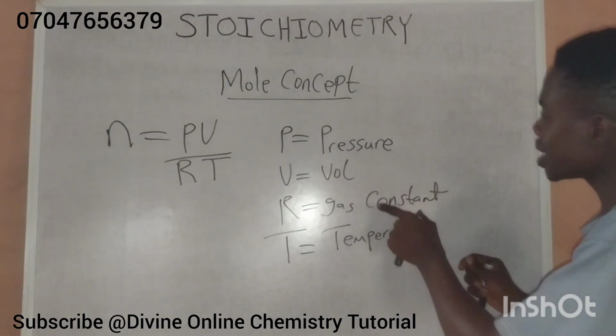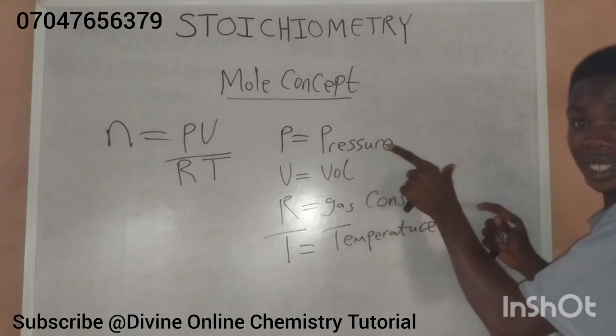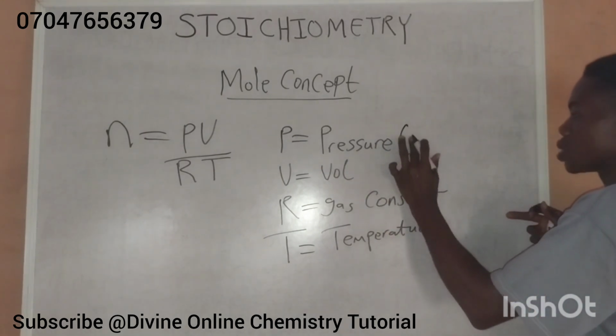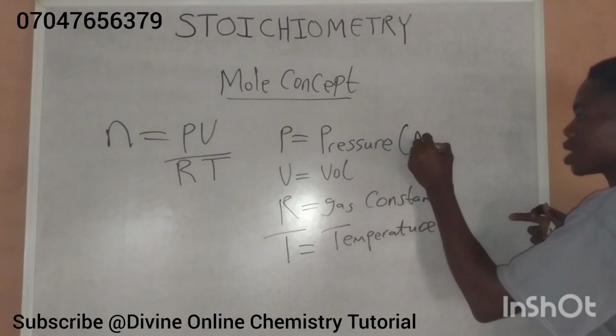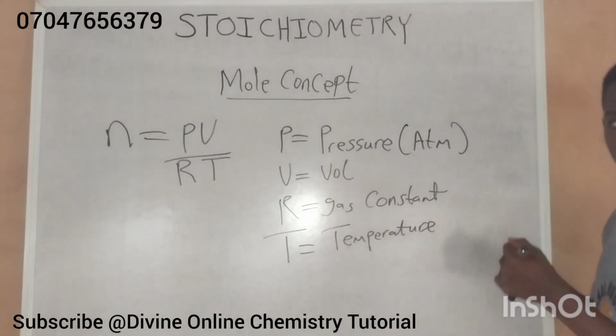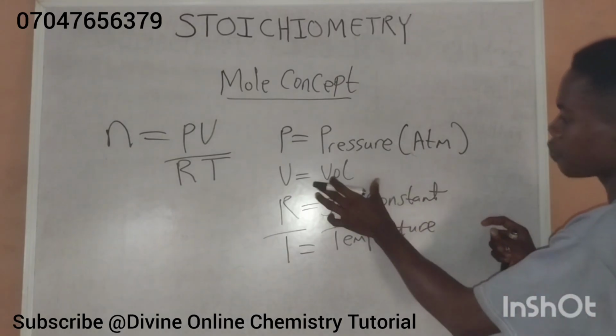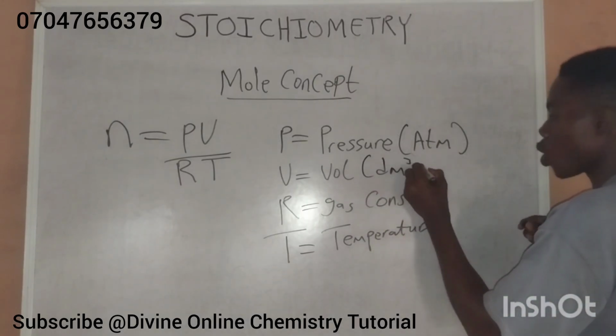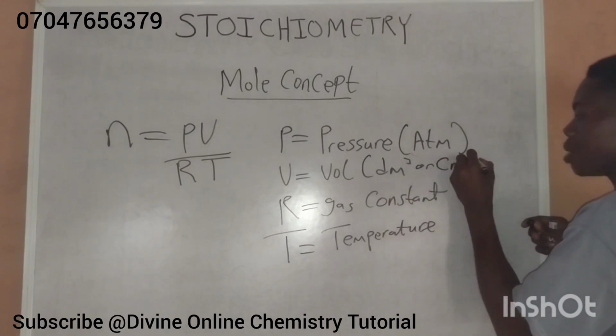Please take note that the unit of pressure is atmosphere, ATM, the short form for atmosphere. For volume, the unit is dm cube or cm cube.